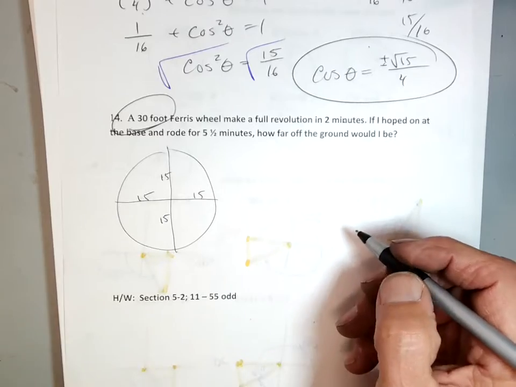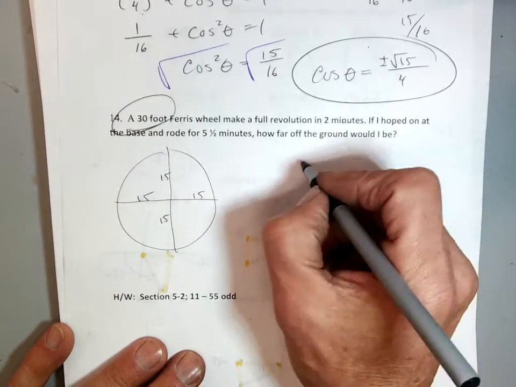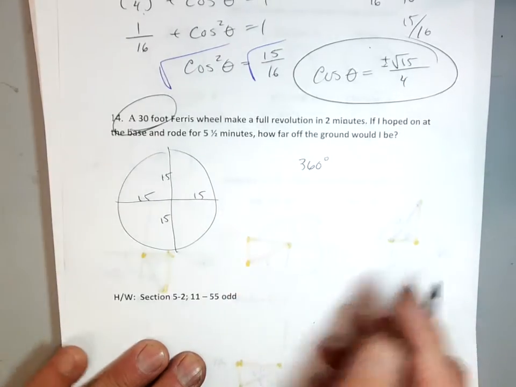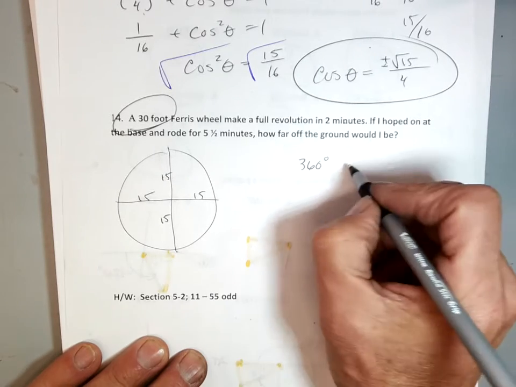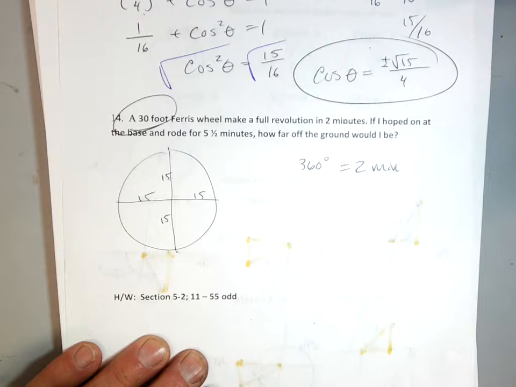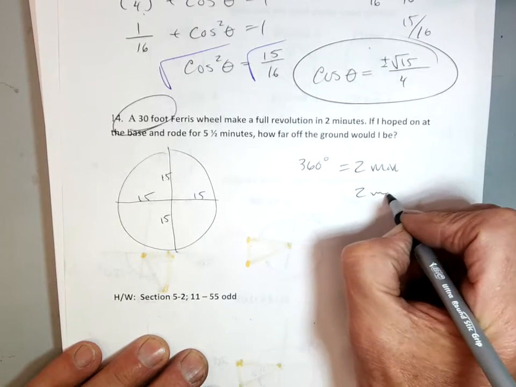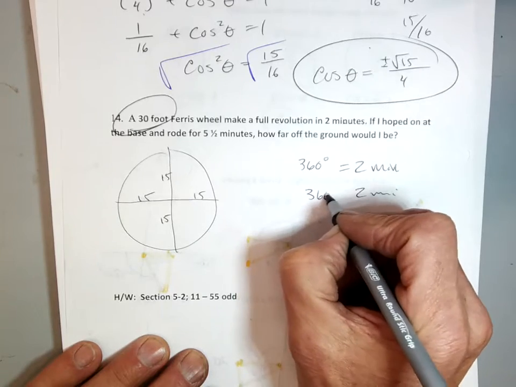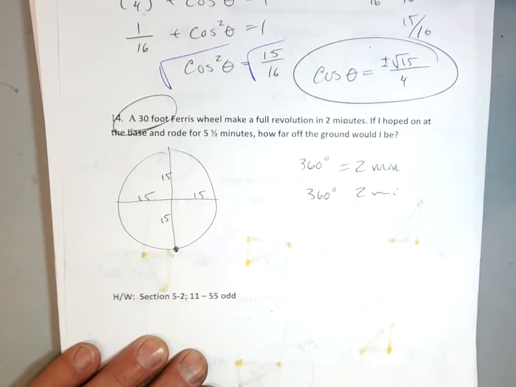So that means it's going to go 360 degrees in 2 minutes. If it goes 5.5 minutes, it's going to go another 2 minutes, which will be another 360. So if I start here, it's actually a pretty easy problem.